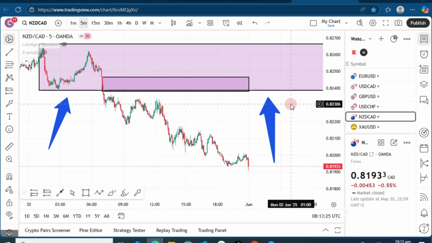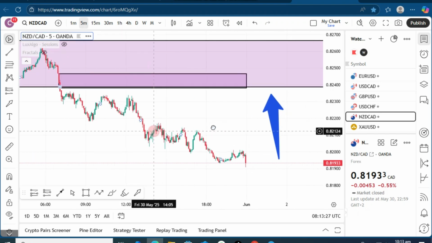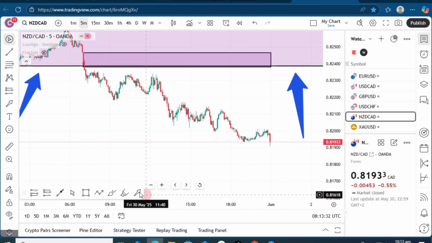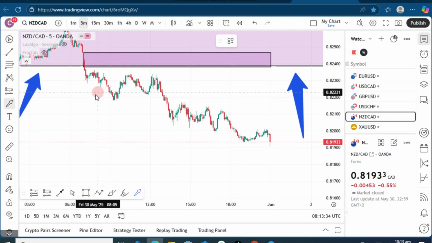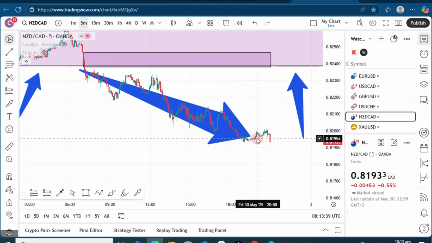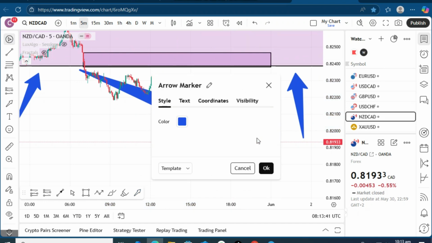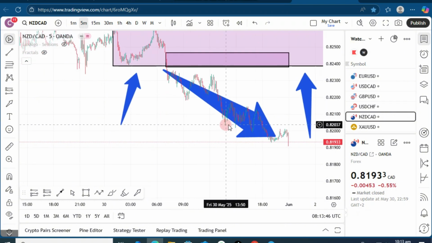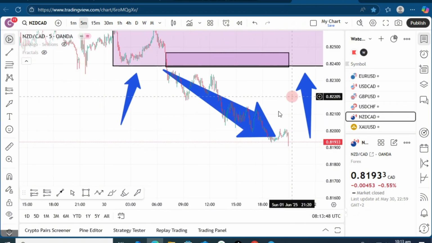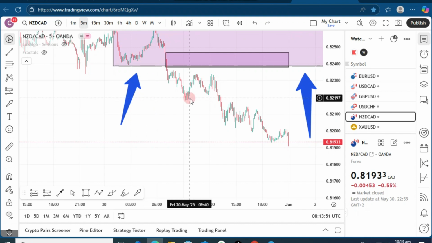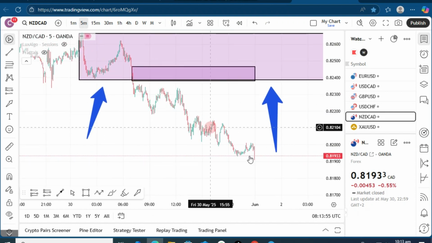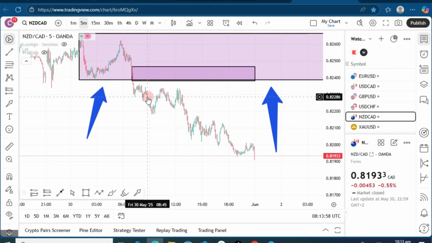I'm going to be placing trades in this region, going all the way down, because as long as the fractal is still at the top, it means that price is still bearish. If price is still bearish, then we are all good to go. That is why you saw me having very good trades going down over here, because the fractal was at the top and I can place as many trades as I want from here.